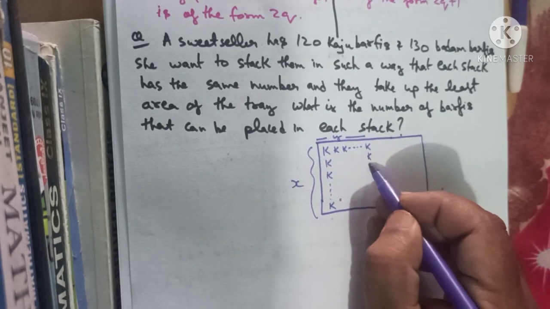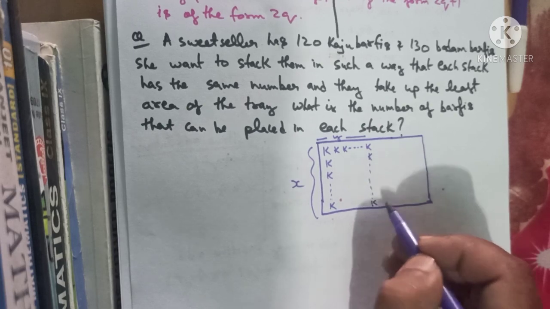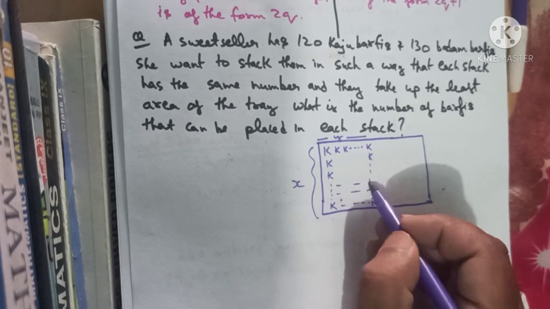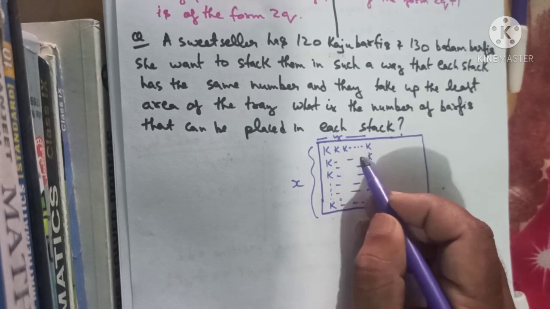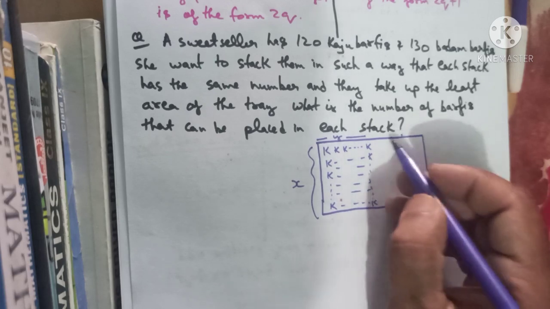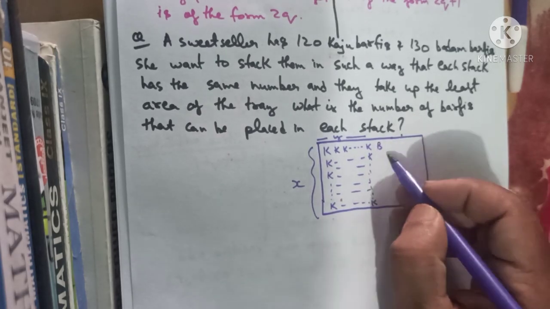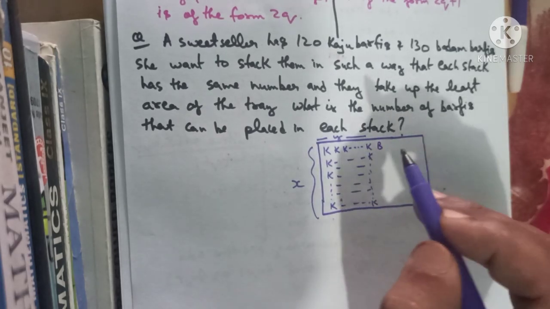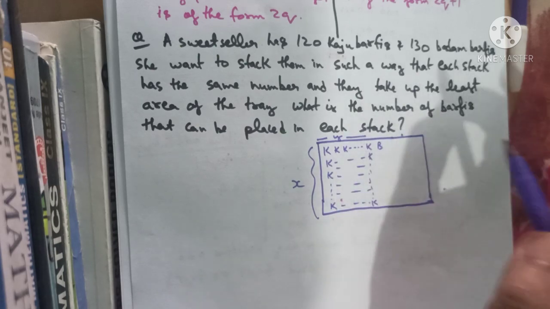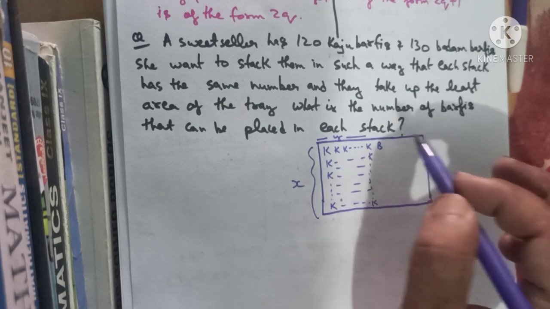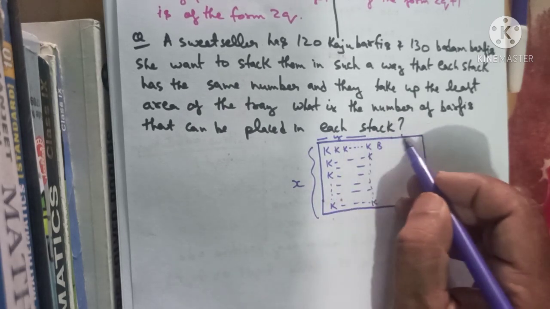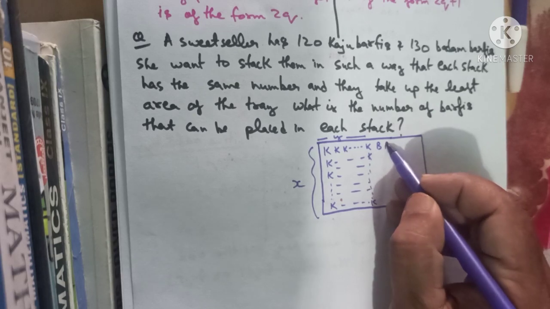She wants to stack the Badam barfi also in the same manner, using the least area of the tray, and the number of stacks should be the same in both cases. The number of rows can be different.